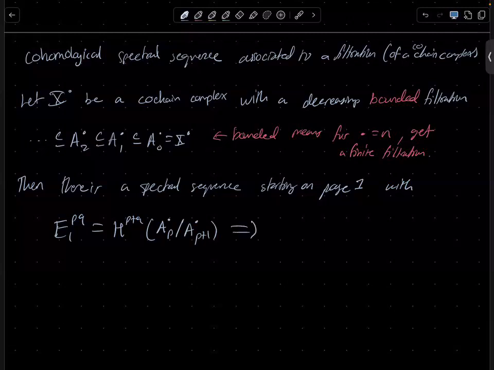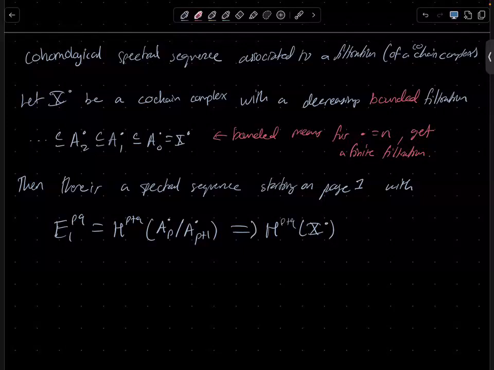And this thing actually will converge to H^{p+q} of X bullet. So this is what I was hinting at yesterday. Somehow you can use these quotients and the long exact sequences that come from the short exact sequences. You stitch them together in a funny way, spin out all these random maps. You can just do this with a spectral sequence in a much more concise way.